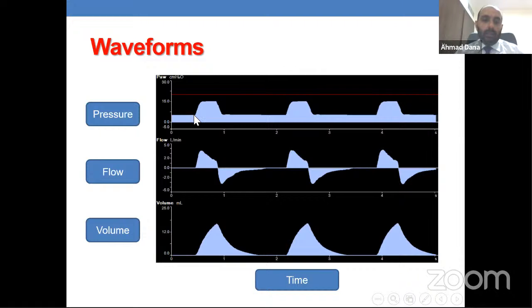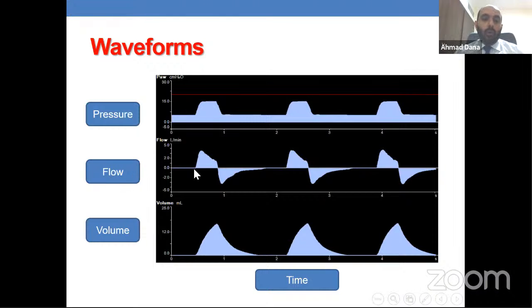Then this is the time of the initiation of the ventilation, the inspiration. As we said, this is the trigger. Is it controlled or is it assisted? Go up till you reach your limit, then you go to the plateau. Then at the time you open up the exhalation valve, the pressure will drop to go back to the baseline.